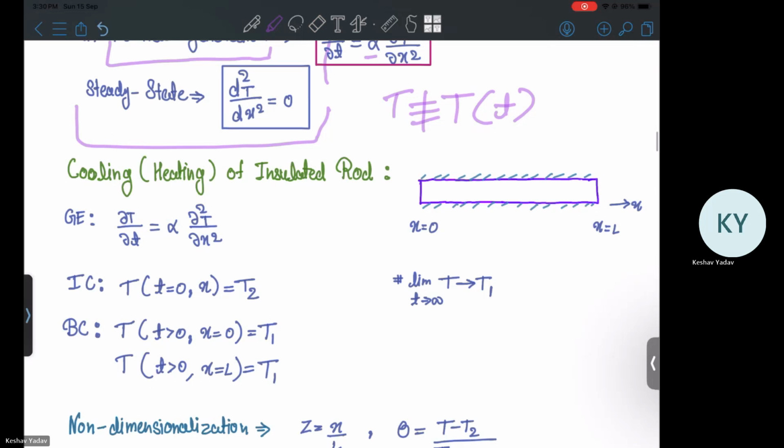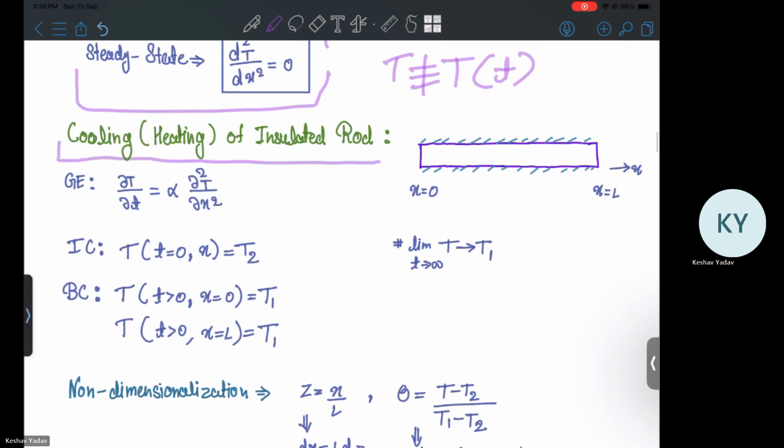Now, let us consider an insulated rod, which is insulated from the periphery, and it has some initial temperature T2, and its boundaries are imposed temperature T1 at time t equal to 0. Okay, so this problem has this governing equation, since we haven't considered the heat generation part.